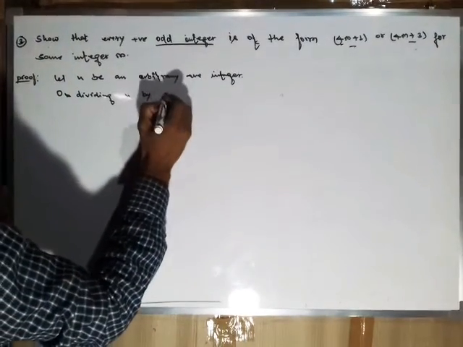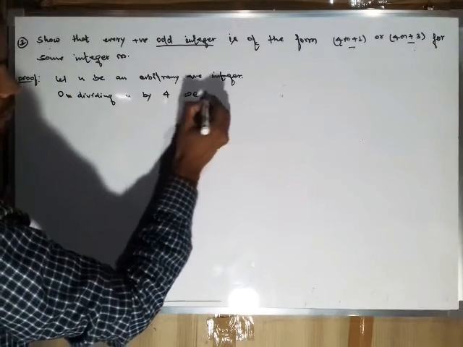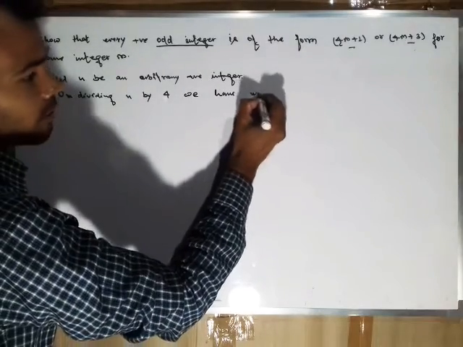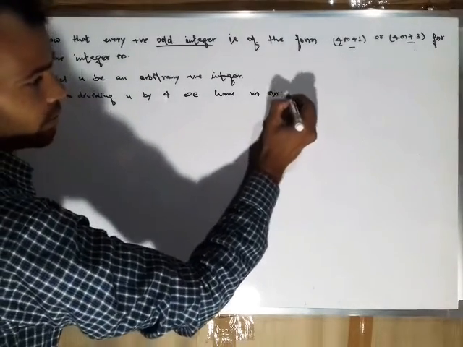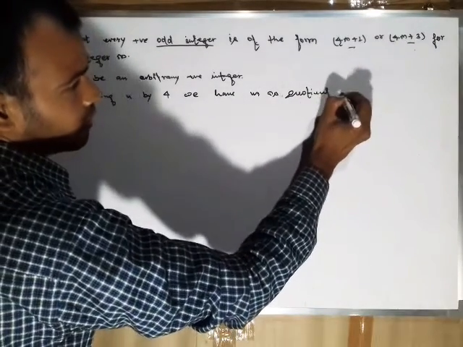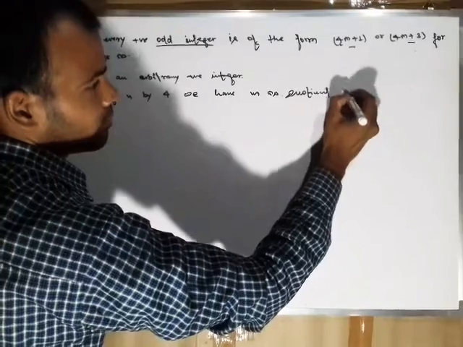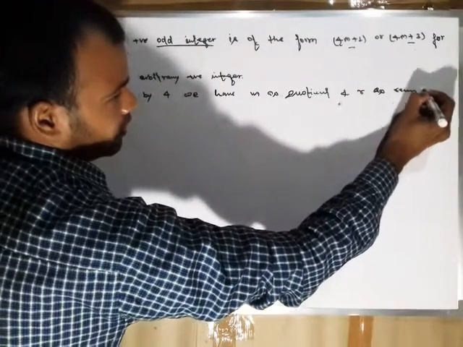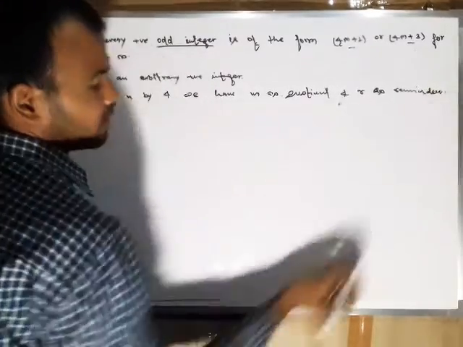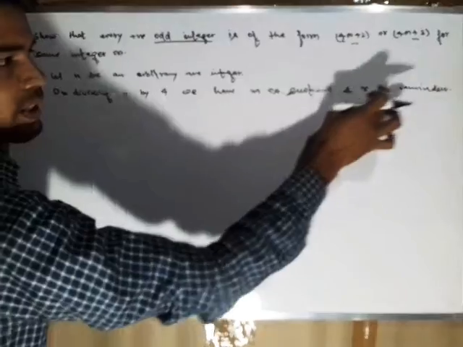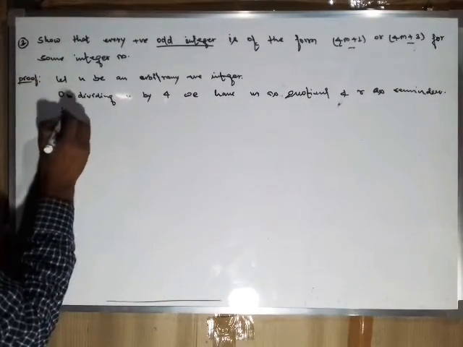On dividing n by 4, we have m as quotient and r as remainder. Clear? On dividing n by 4, we have m as quotient and r as remainder.